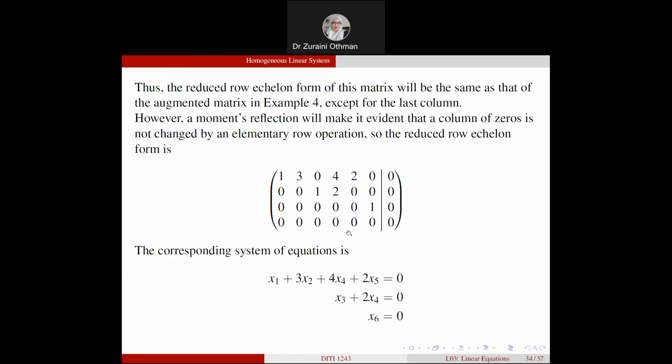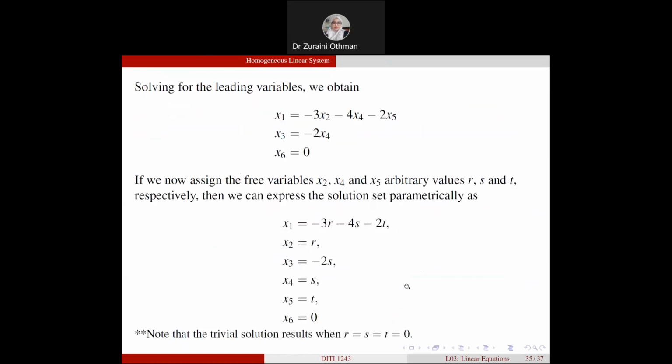For the first row, we replace it again with unknowns. We make x1, x3, and x6 the leading variables, then we replace x2, x4, x5 with one unknown letter each. So we replace x2 as R, x4 as S, and x5 as T.